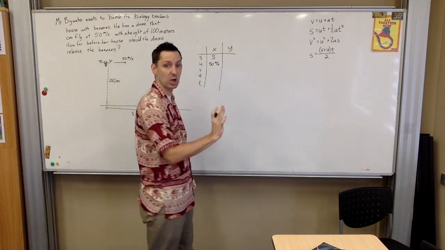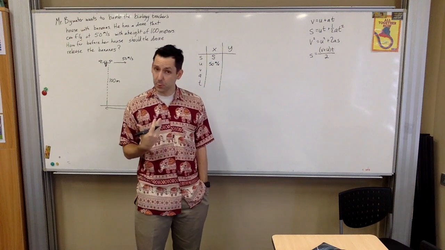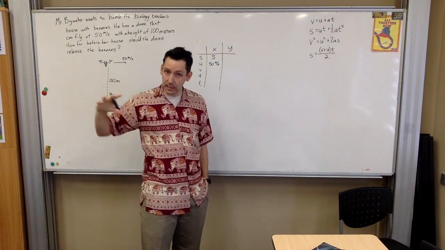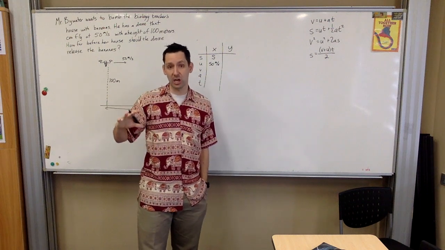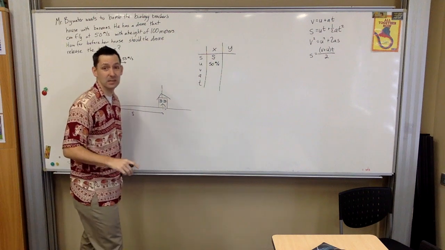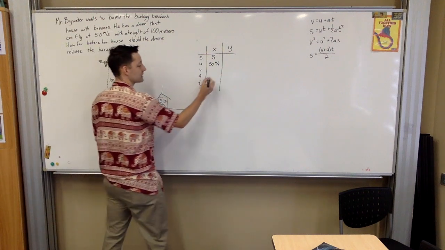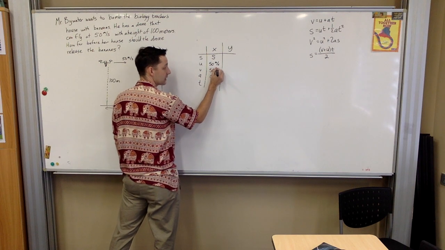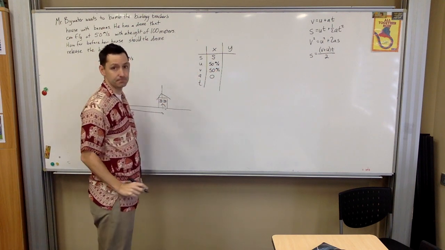Is there anything pushing on it to speed it up or pushing on it to slow it down? The answer is no. Horizontally, there is nothing causing it to change its speed. There's no extra forces. We're going to talk more about forces in our next part of this unit. Okay, but our acceleration is 0, so our final velocity horizontally is the same.